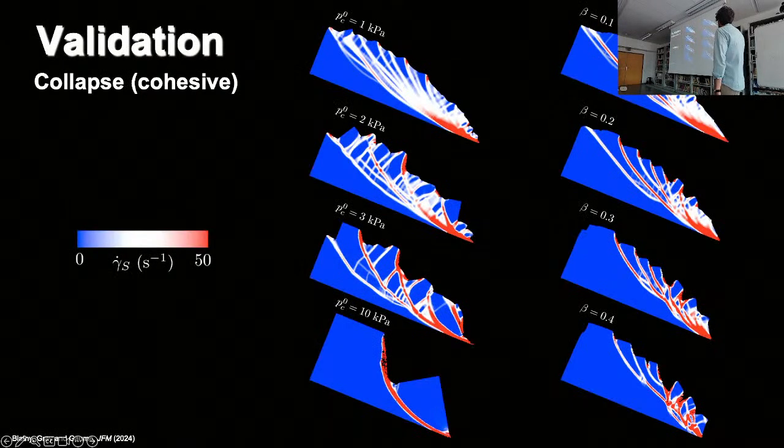Here you can see a little bit what happens if I change different parameters: if I increase cohesion, I have more cohesive behavior, bigger blocks. Same with increasing the initial compressive strength.